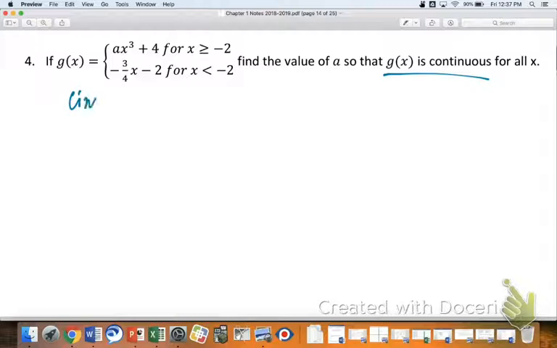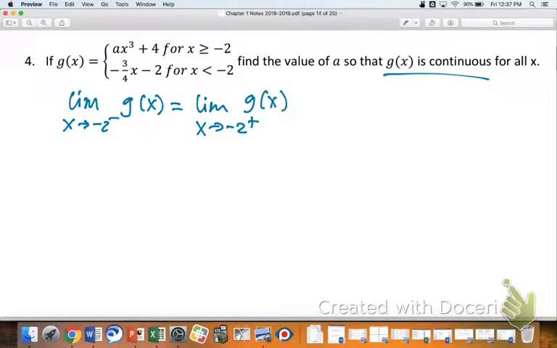The limit as x approaches negative 2 from the left of g of x has to equal the limit as x approaches negative 2 from the right of g of x, and that has to equal g of negative 2. So that statement has to be true in order for g to be continuous. Make sense? Left-hand behavior, right-hand behavior have to be the same, and the value of the function has to be the same as the behavior.